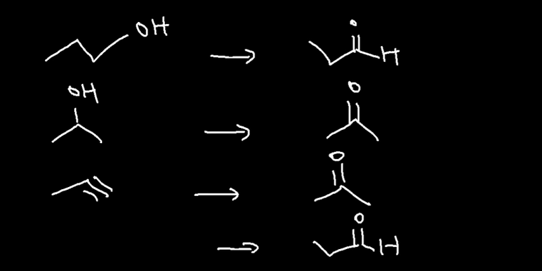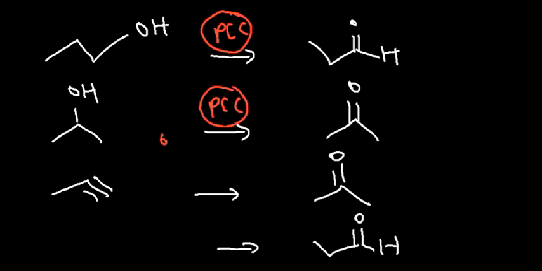So to make an aldehyde from a primary alcohol, the reagent that you need is PCC. You can look it up, but that's what you need. You can also add PCC to turn a secondary alcohol into a ketone. So PCC is very common. PCC is a mild oxidizing agent.